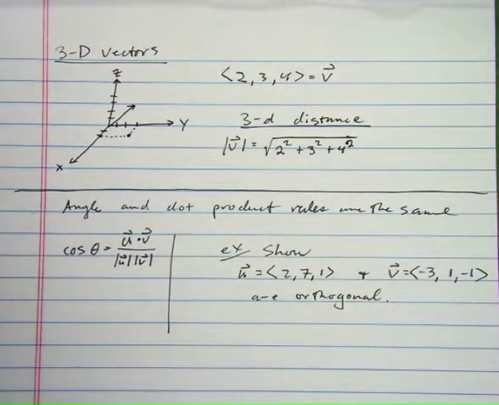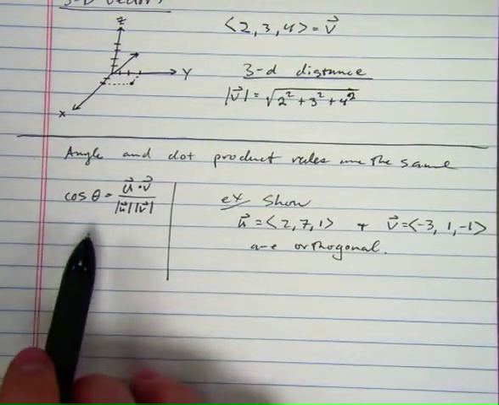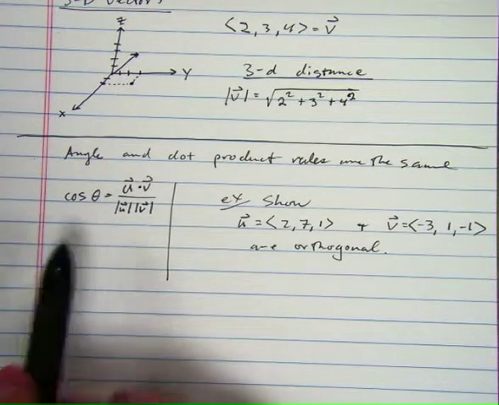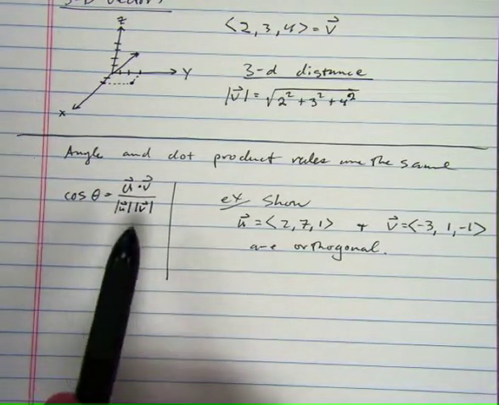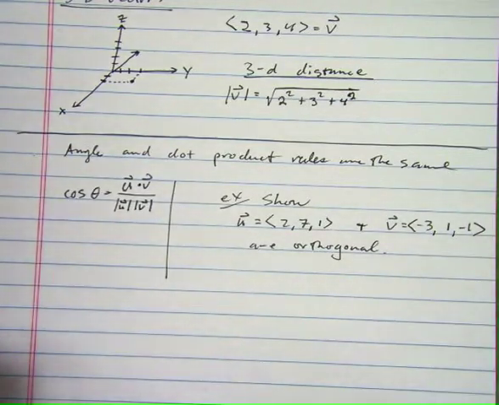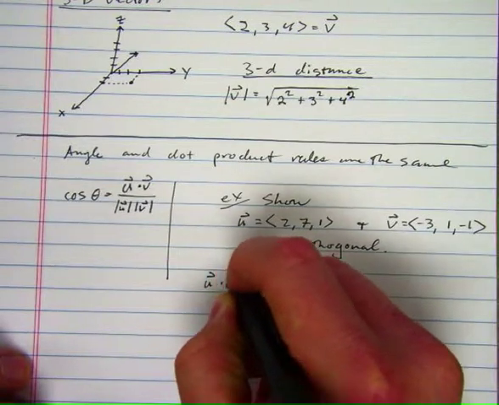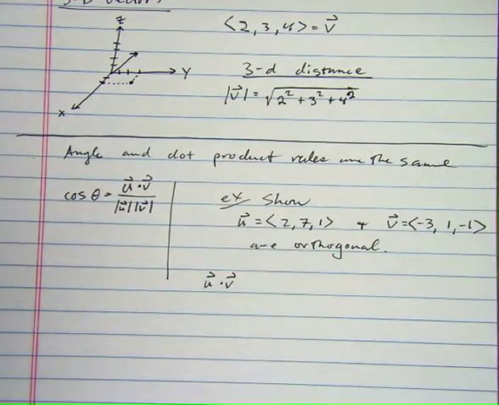Well, if you remember, we don't have to go through and do the whole thing when we're just talking about perpendicular or orthogonal. If they were asking for the angle, we would have to do this and do cosine inverse theta. If we're just checking for orthogonal, all we have to do is the dot product. And remember, if the dot product is 0, then they are orthogonal. If the dot product is not 0, then you have to figure out the angle.